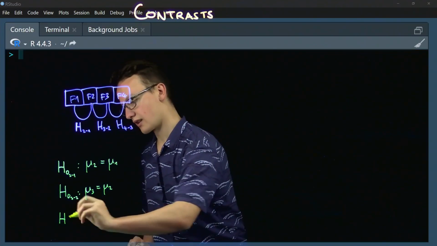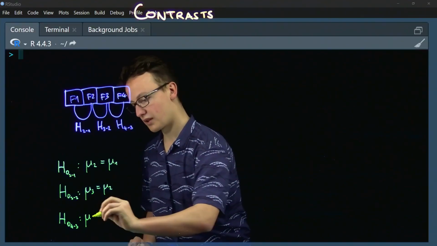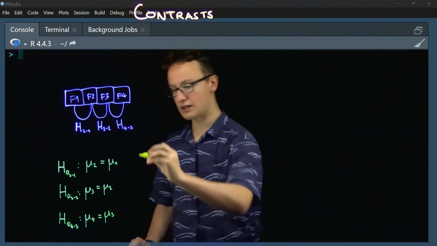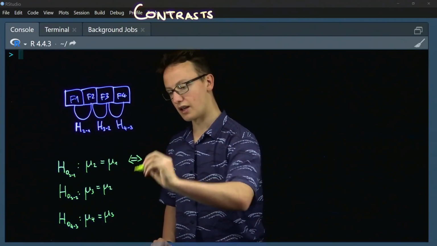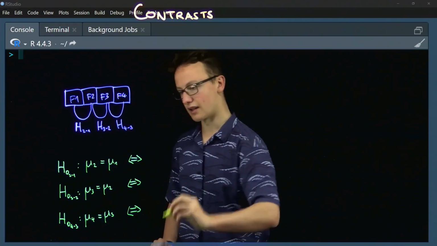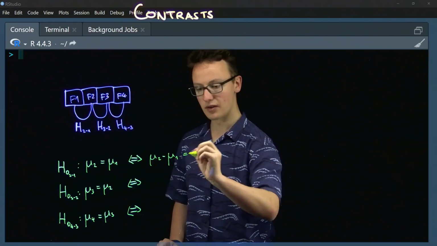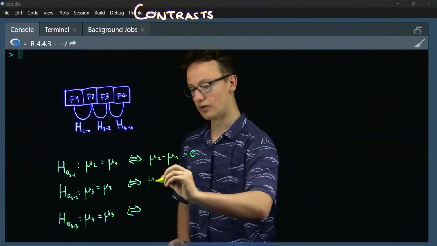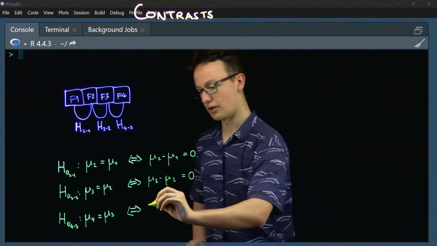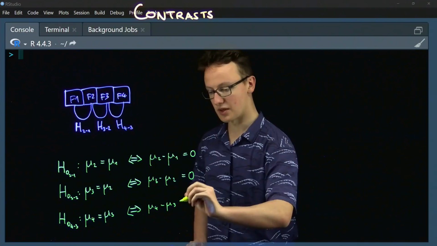And the next one would be that the mean of the fourth group is equal to the mean of the third group. Each of these I can also represent equivalently as stating that mu2 minus mu1 is 0, or that mu3 minus mu2 is equal to 0, or that mu4 minus mu3 is equal to 0.